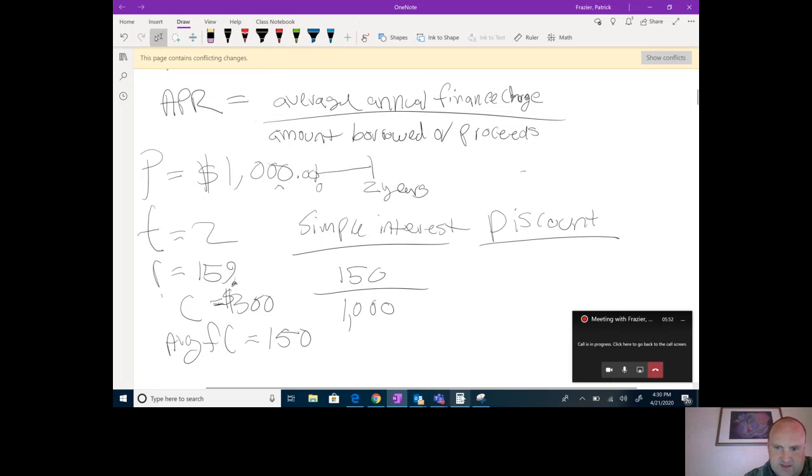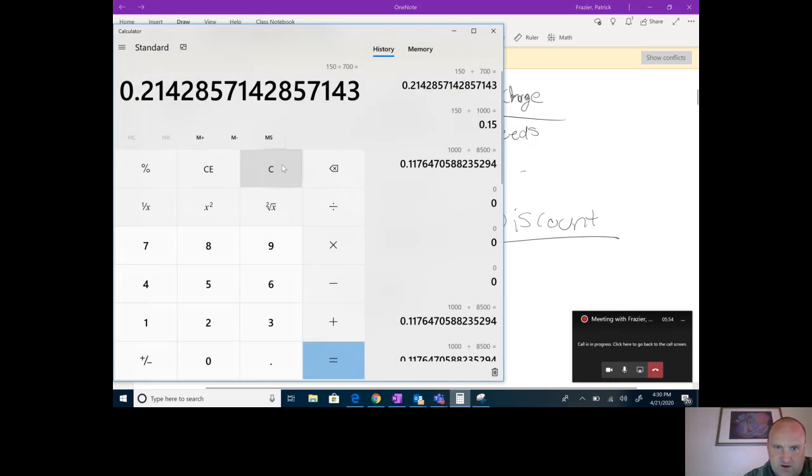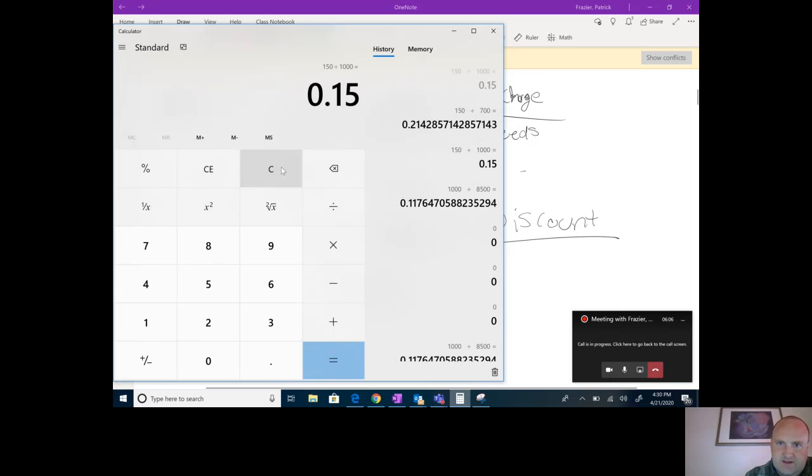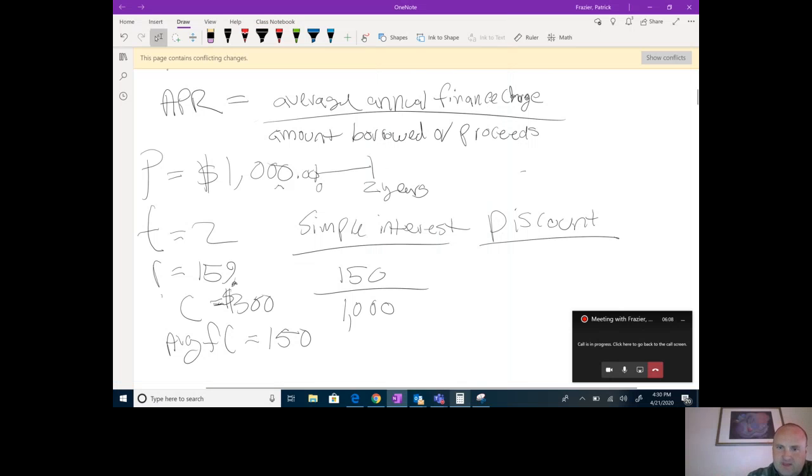Okay, so then let's pull up our little calculator. $150, which is the average annual finance charge, divided by the amount borrowed, which is $1,000. That's 0.15, which is the same thing as 15%.